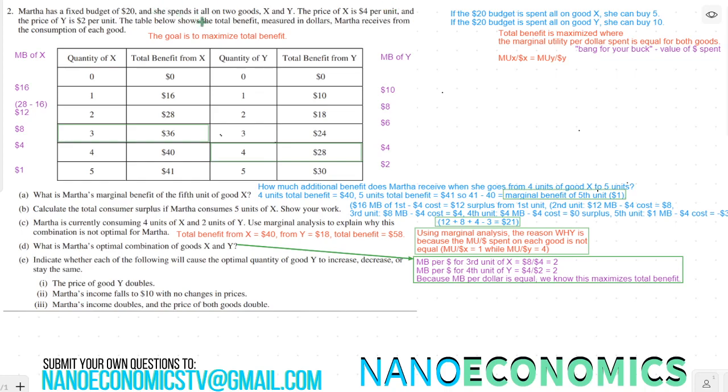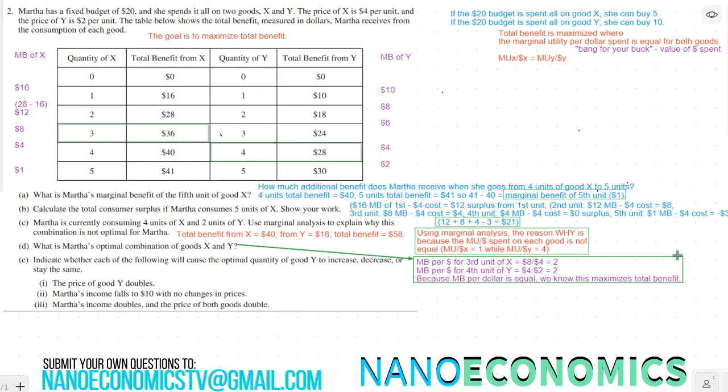So she's getting $16 in benefit for $4 in cost. So essentially every dollar she spends is getting her $4 in value back. And so here we've got $16 of marginal benefit from the first unit minus the $4 cost is $12 in surplus from that first unit.